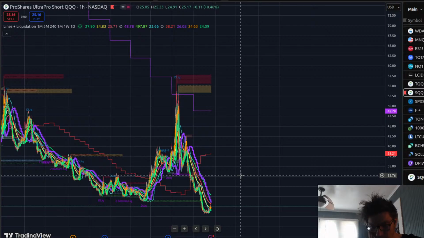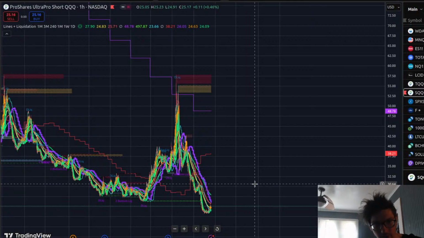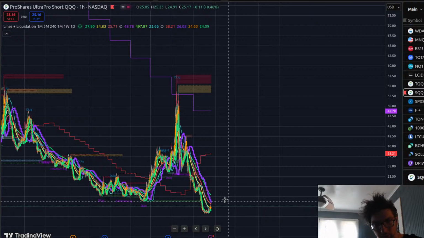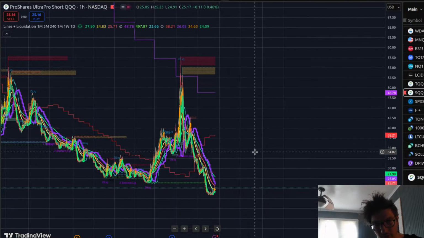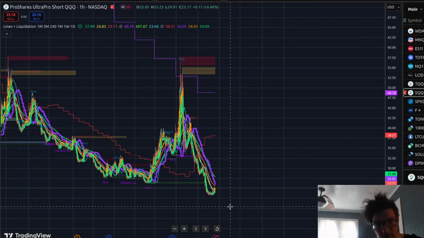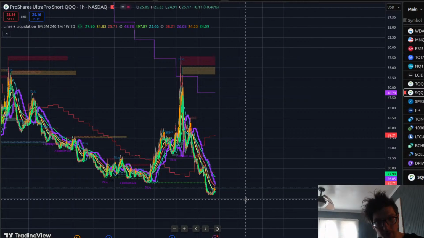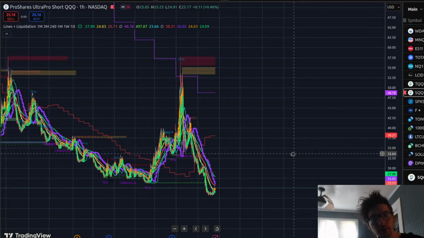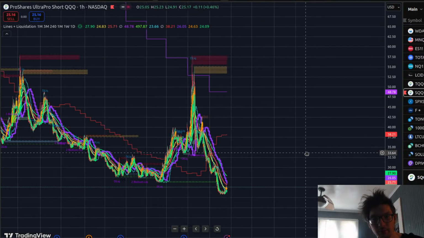So for every percent the Nasdaq goes down, this goes up, and inversely, for every percent the Nasdaq goes up, this goes down. This moves 3% for every 1% the Nasdaq moves in either direction. So that's basically what's going on.